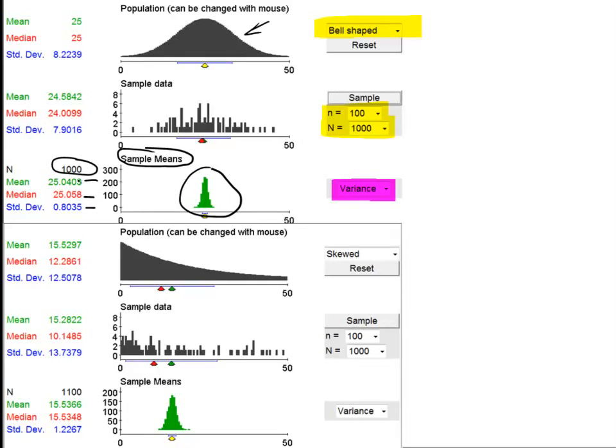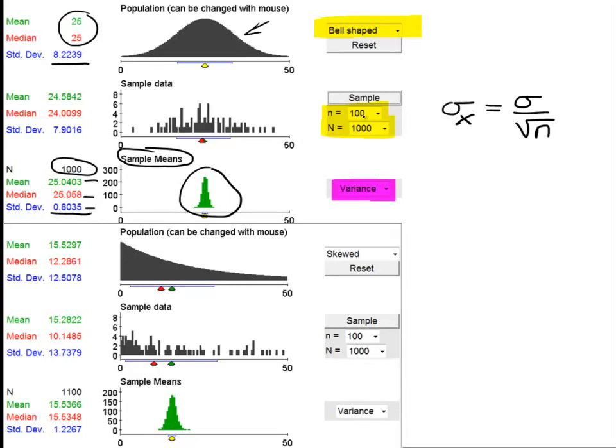And look what you get. You get a mean and a median that are almost identical to the population mean and median. And then you get a standard deviation that's way off. But that's because there's an actual formula. The standard deviation, and we'll see this formula later, the standard deviation of your sampling distribution always equals the standard deviation of your population divided by the square root of your sample size.